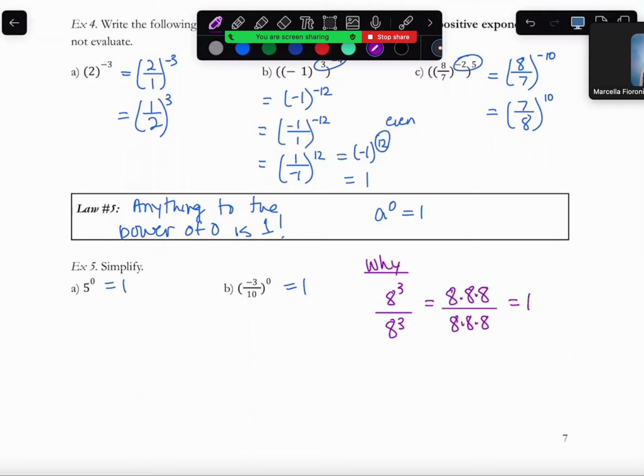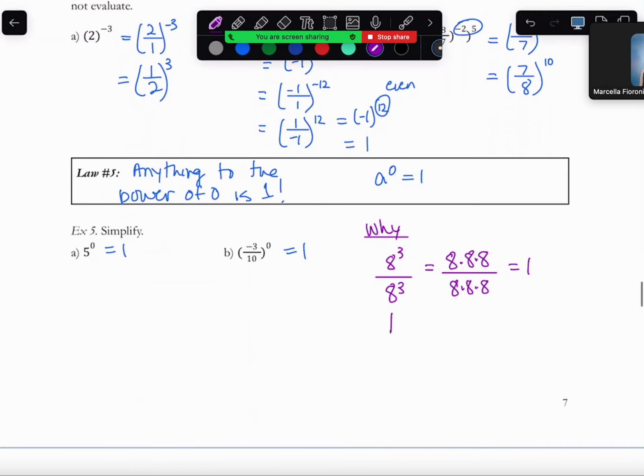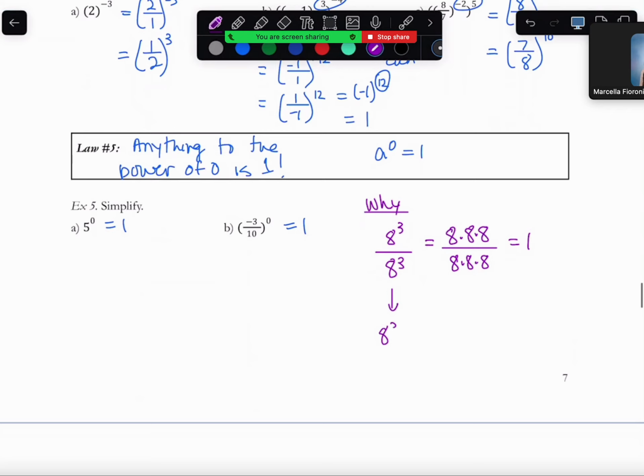It's 1. But we also know if we were to use the exponent law for division, this is the same as 8 to the 3 minus 3, which is 8 to the 0. So I know that 8 to the power of 0 is always going to equal 1 because I'll have the same number of 8s in the numerator as the denominator. And this goes for anything.